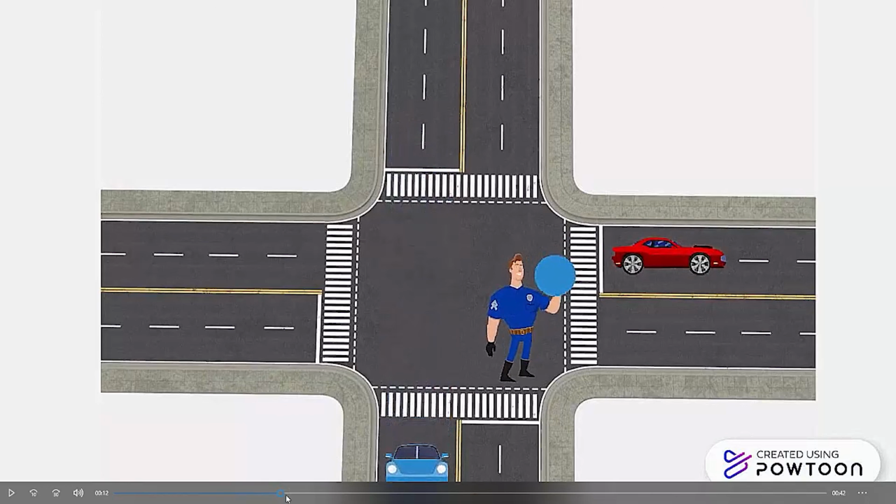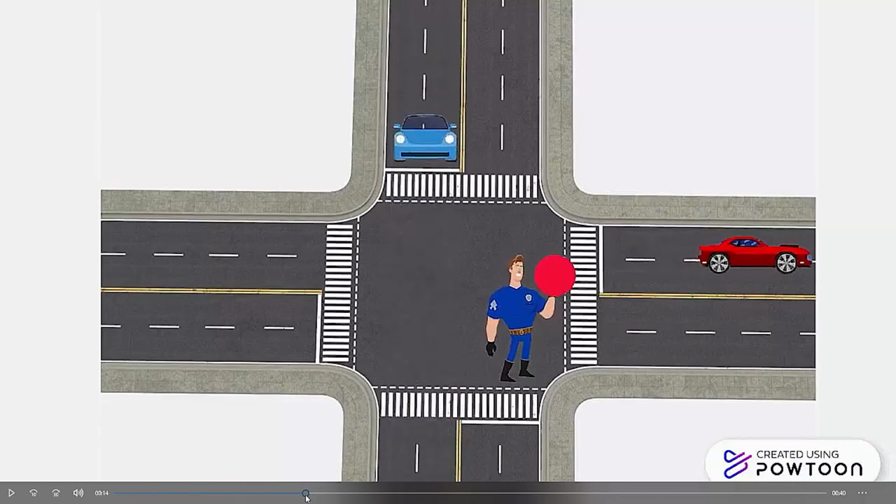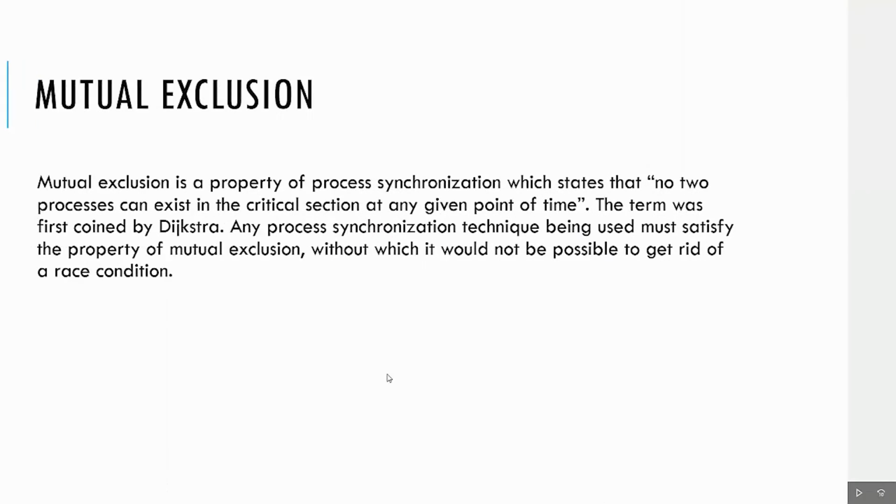So that was pretty simple, but there's one issue here. Before we go to Peterson's solution, there are four main conditions for mutual exclusion to occur properly.